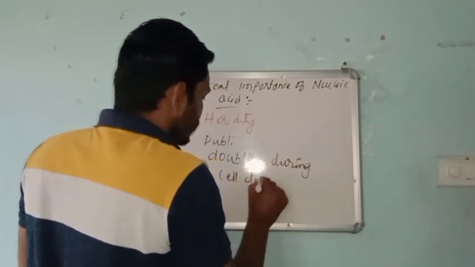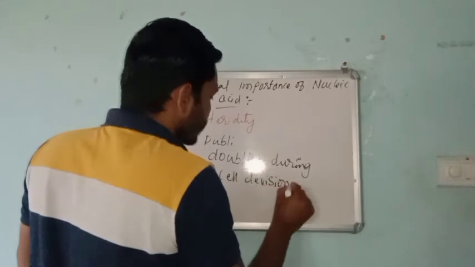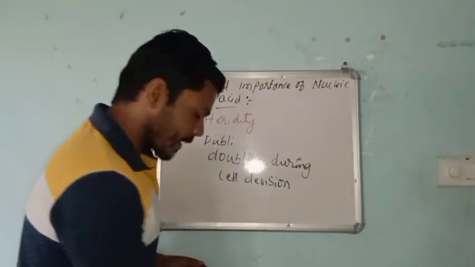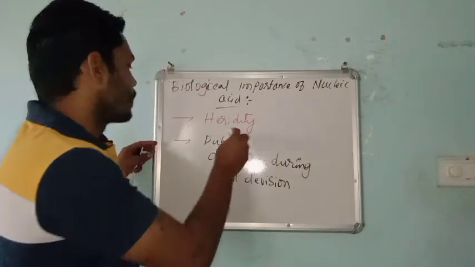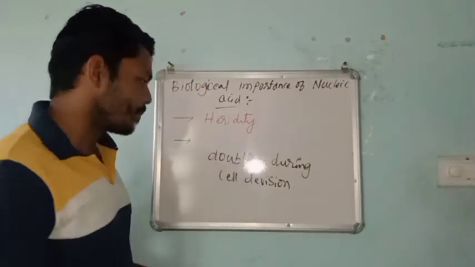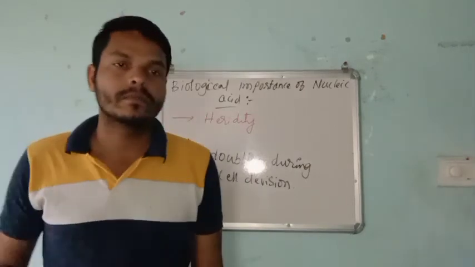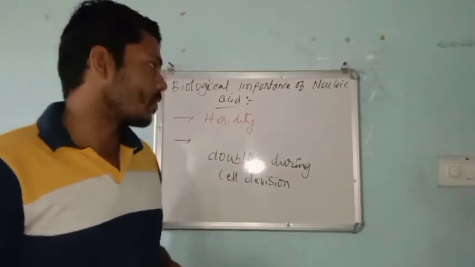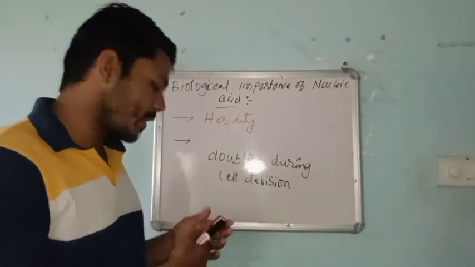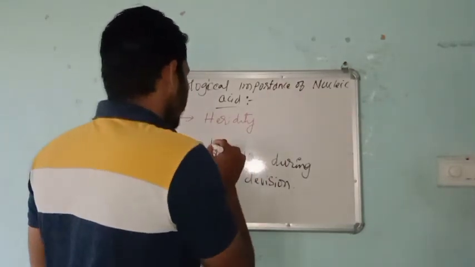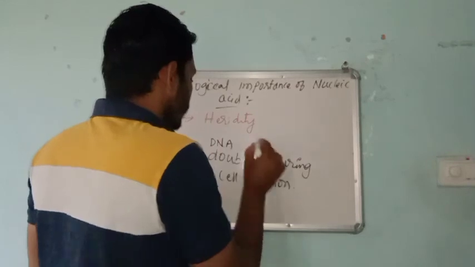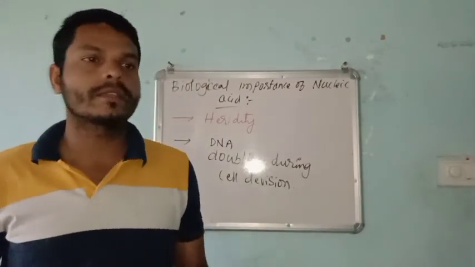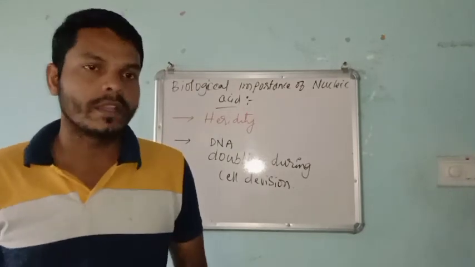So if we see the second point about nucleic acid, it is getting doubled during cell division. In particular, DNA doubles during cell division. It makes its own copies during cell division.